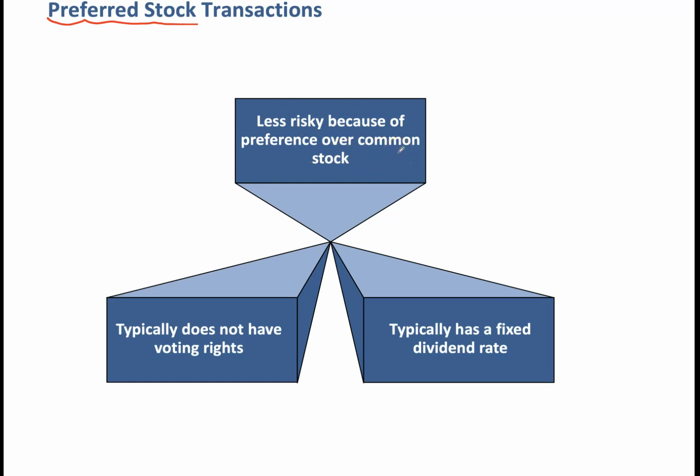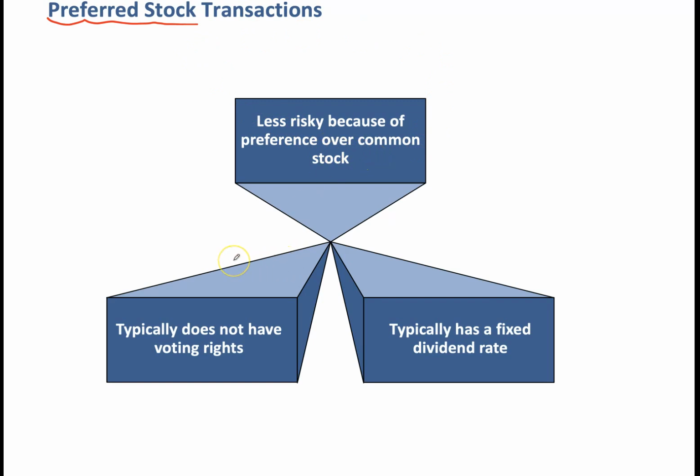No matter whether the company has profit or loss, the company has to pay the creditors, the banks, right, the lenders. The next group of people that the company would be paying is the preferred stockholders. So they have a preference over the common stockholders and get their returns.